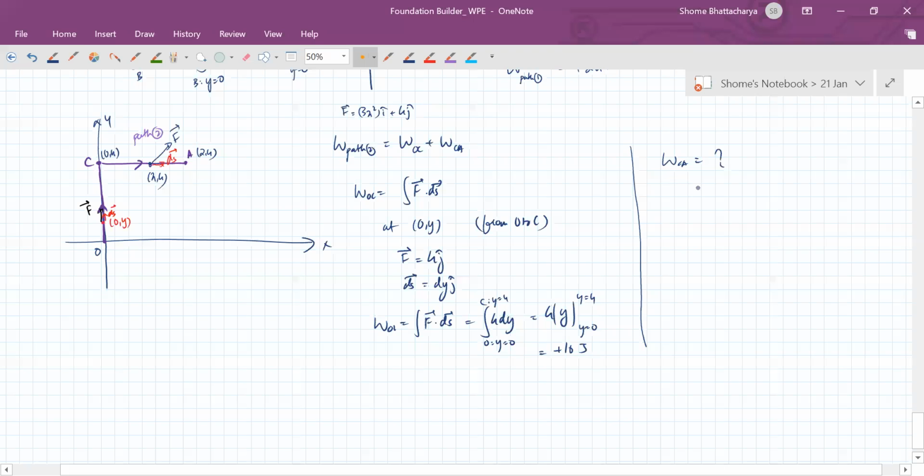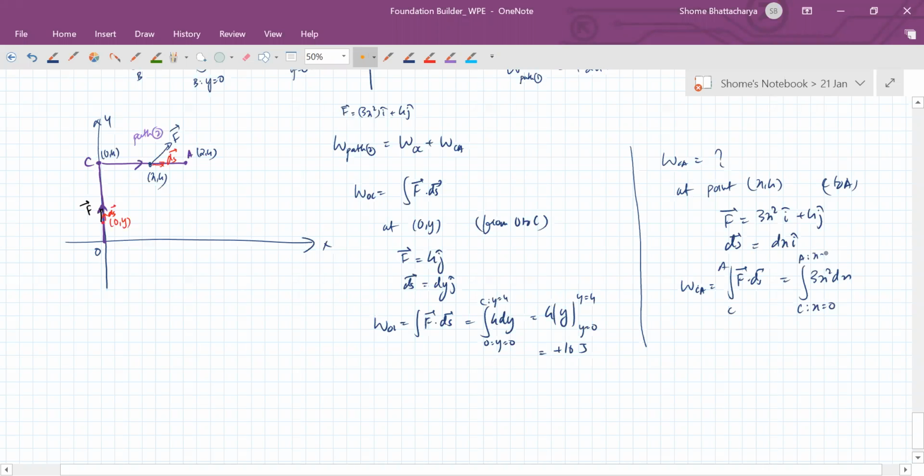So at a general point x, 4, going from C to A, the force is this much. Okay, but the displacement is dx i cap. So work done becomes integration of 3x squared dx from C, where x is equal to 0, to the point A where the variable x is 2. So this will become 8 joules.